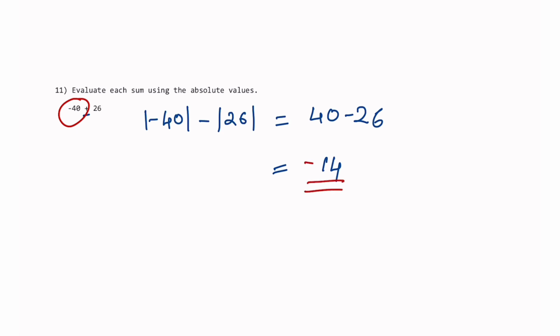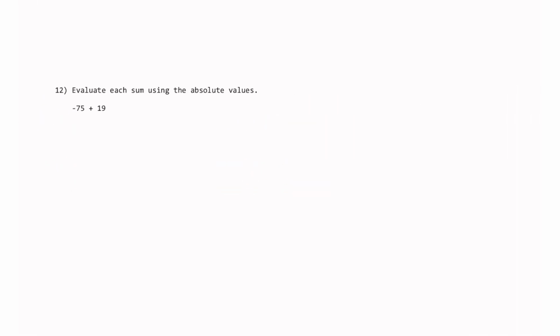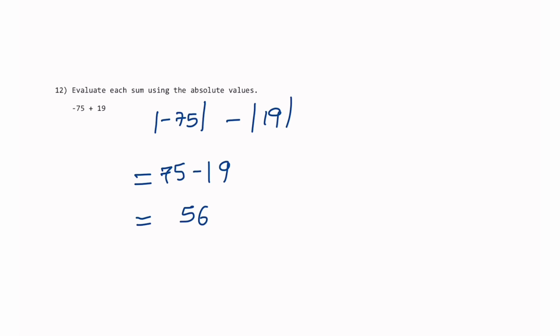And that's it. It's done. Let's move to the next one. Again, we put them in the absolute value format, minus it, and then the next number here, right? Smaller from the bigger, you subtract, which is 75 minus 19, and that is 56. And the sign will be of the bigger number, which is a negative number. And you have done it.